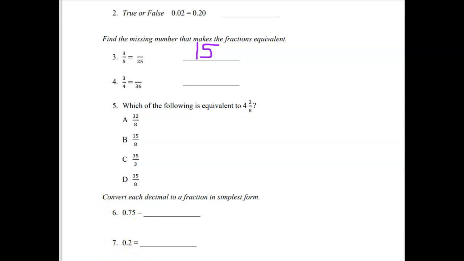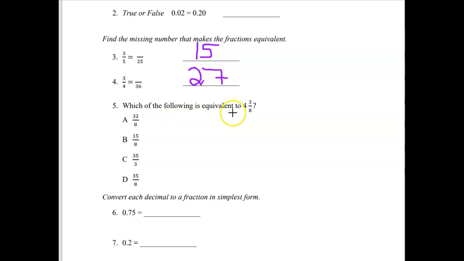So 9 times 3 is what? Take a second to figure that out. Pause the video if you need to. Don't just keep watching and have me tell you the answer. That won't do you any good. Okay, so 9 times 3 is 27.